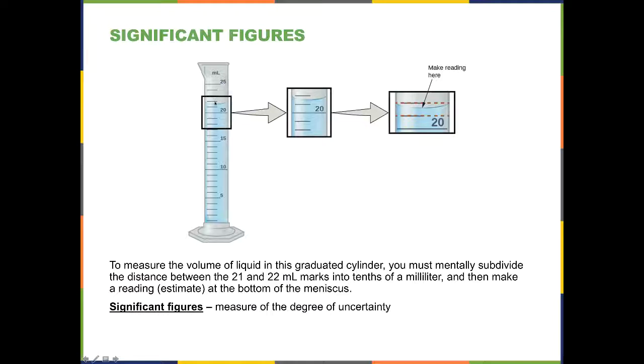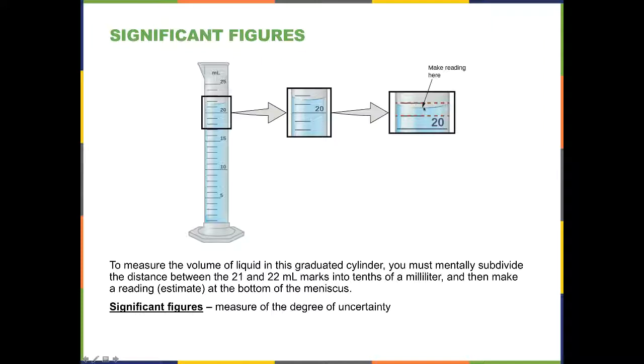So each small line represents 1 milliliter. Now it's very common when you measure something that it ends up being between 2 lines. And when you do that, you have to make a mental guess or an estimate of exactly how far. And by the way, when you measure, you always take the bottom of the meniscus as the point of measurement.